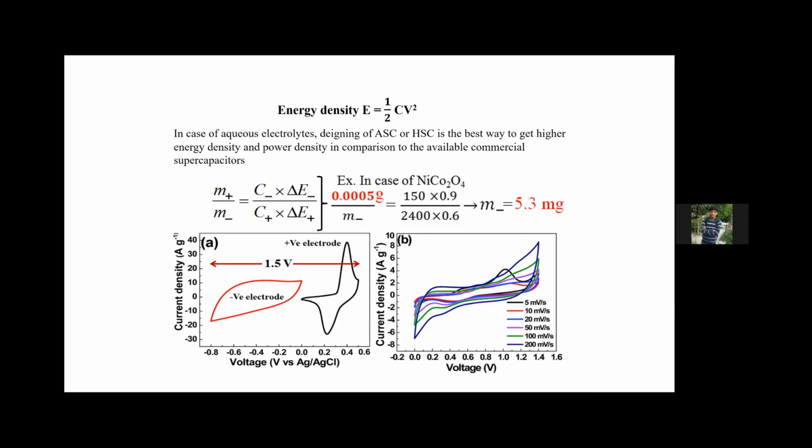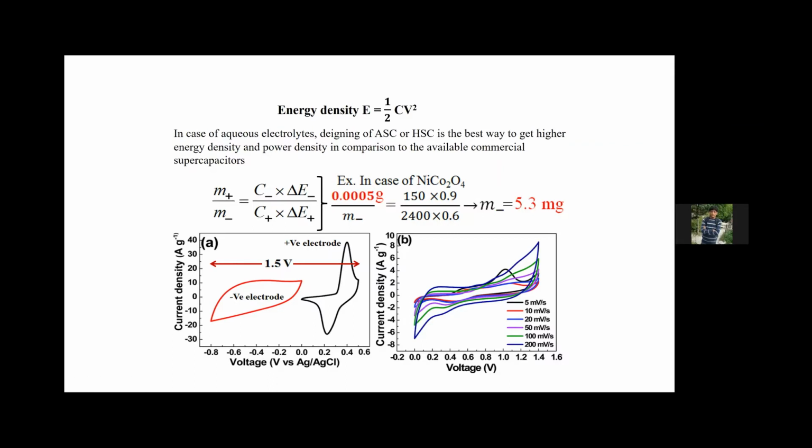And how will we use this? Suppose in the case of nickel cobalt oxide as the positive electrode, and graphene or CNT as the negative electrode, suppose graphene shows a specific capacitance of around 150 farad per gram, and the voltage window is 0.9. For the positive electrode, nickel cobalt oxide shows a specific capacitance of 2400, and its voltage window is 0.6.